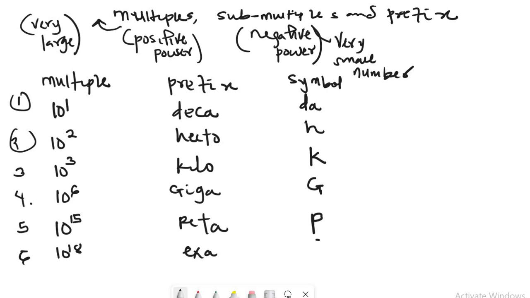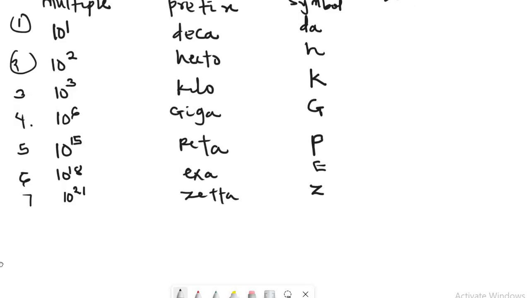The symbol is capital letter E. Number 7, 10 raised to power 21 is called zetta. The symbol is Z.